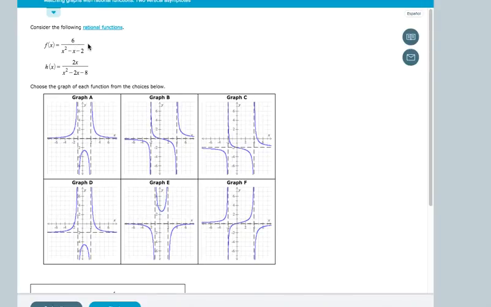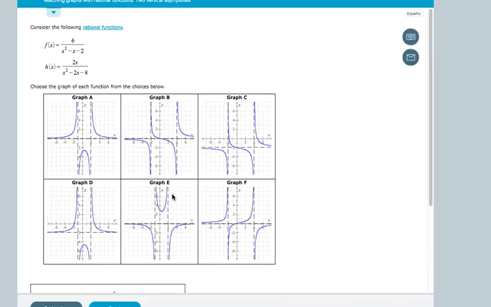It wants us to match f of x and g of x. So the first thing I actually want to do is factor these out. So this is going to be x minus, and sorry, I can't write on this screen, but we'll just talk it through. This is going to be x minus 2 times x plus 1, which is going to give me positive 2 and negative 1 as vertical asymptotes.